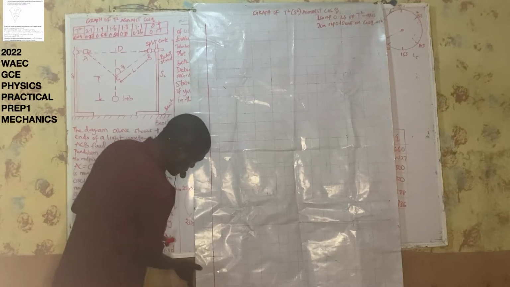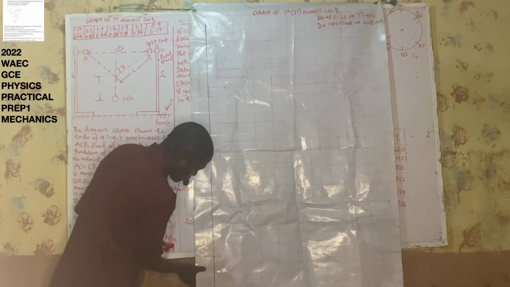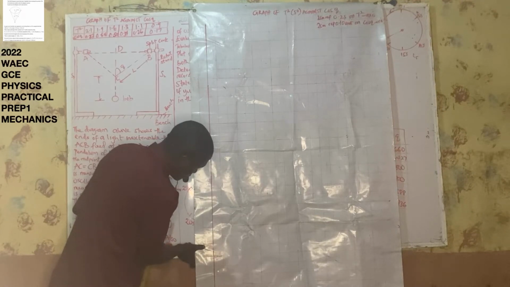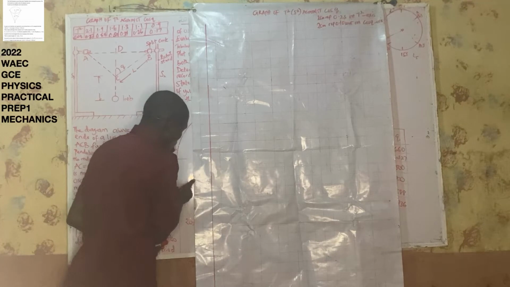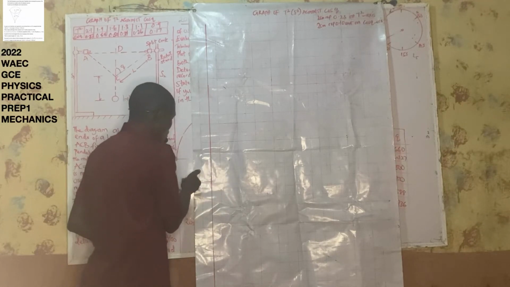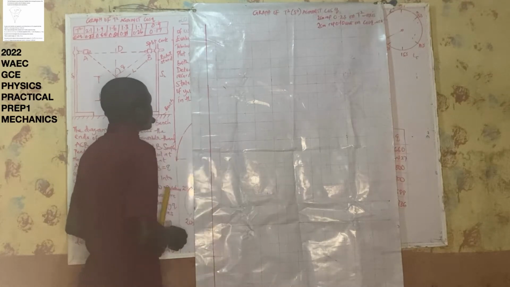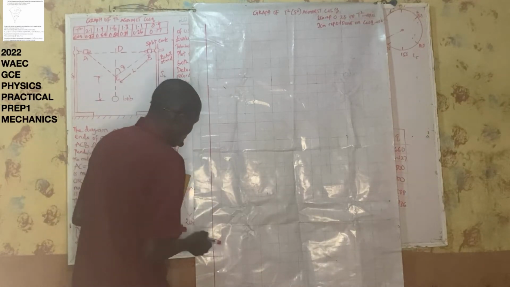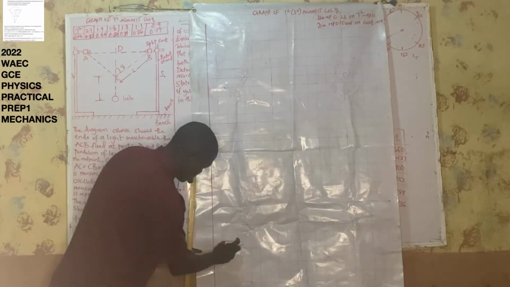We start from here. This is 0.2. So if you start from 0.2, 0.4, 0.6, 0.8, 1, 1.2, 1.4, 1.6, 1.8. Okay, we still have more than enough. So now let's just go for 0.2 here from here.